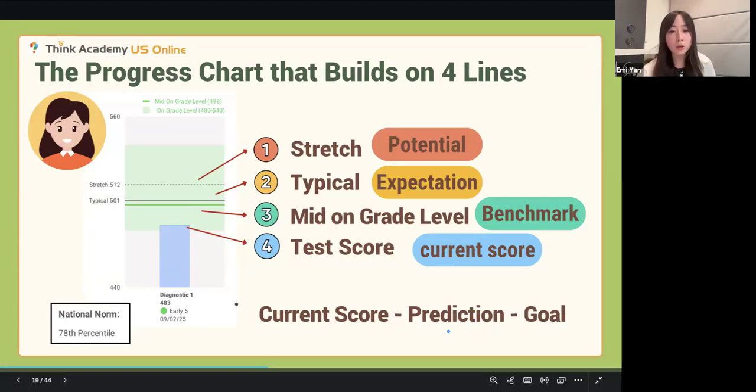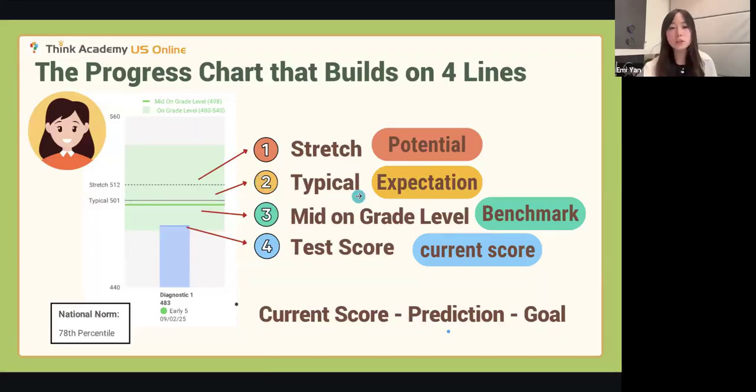This time, I want you to focus on number 2, the typical line here. The typical line, the black line here, means the expectation. What does the expectation mean? That means if I continue to do what I do currently, I'm going to reach this typical line by the end of the school year.